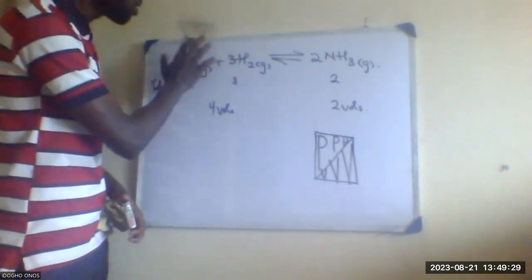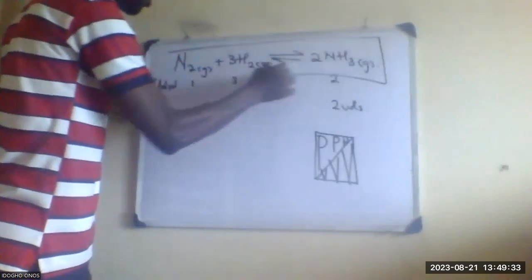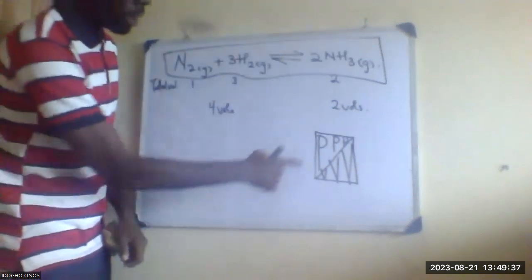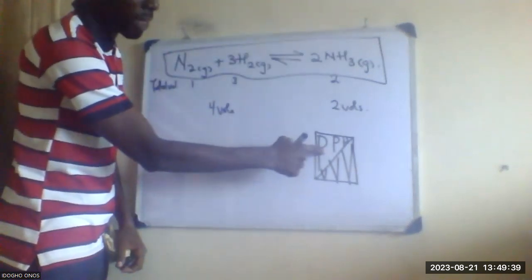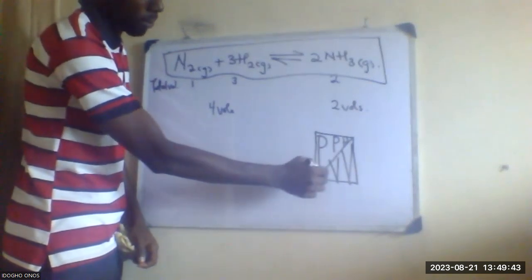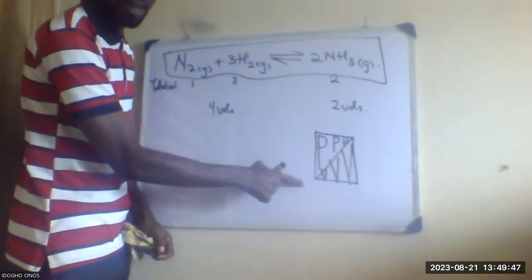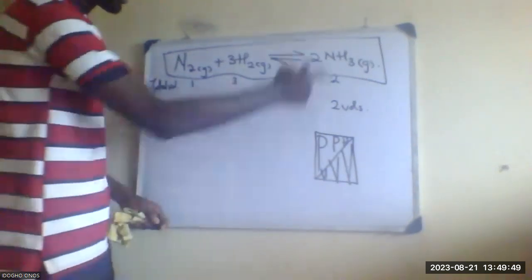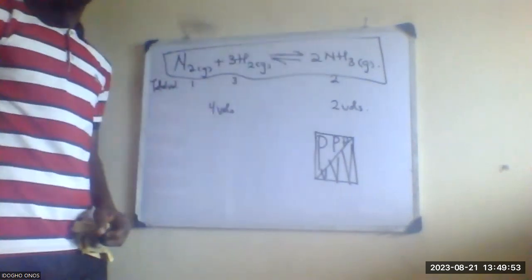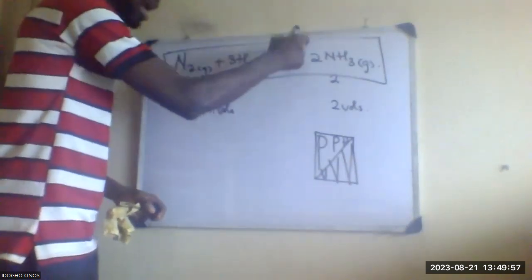So if I increase the pressure of this system, which is already in equilibrium, an increase in pressure means my P is big. It should favor which side? The small volume. And which side has the small volume? The forward reaction. So an increase in pressure will favor the forward reaction.